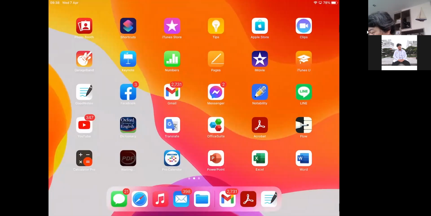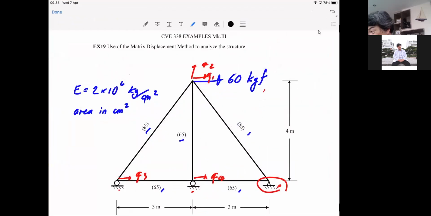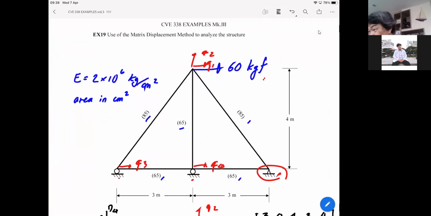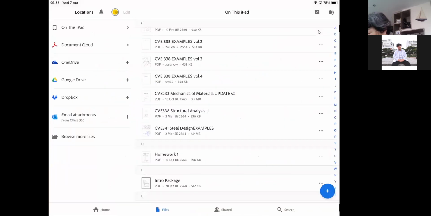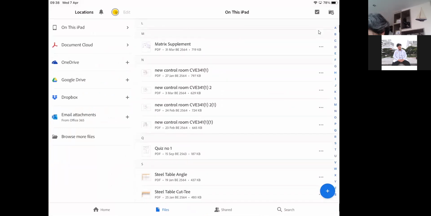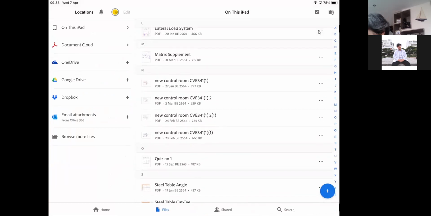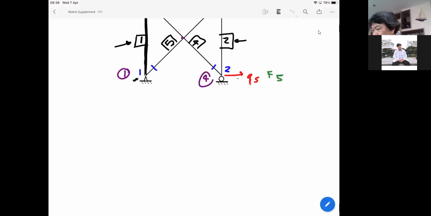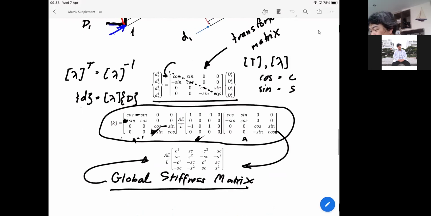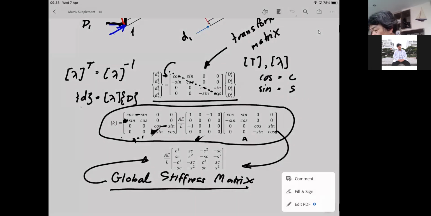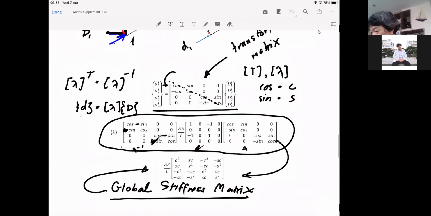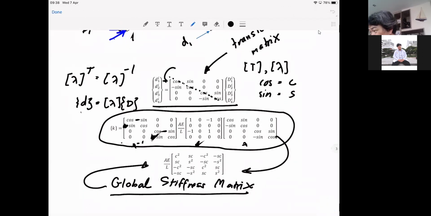Okay, let me try to show you again. Where is it? The matrix. Not this one. Okay, that's the one. This is always your formula.